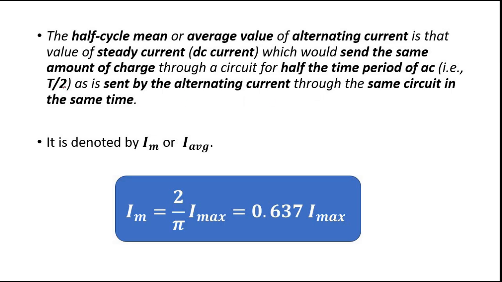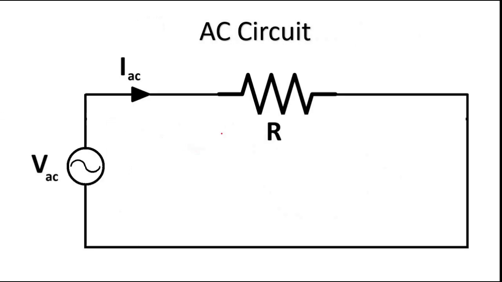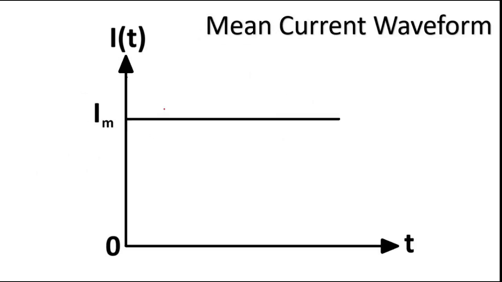Suppose we pass this alternating current through this circuit for half the time period, it will send the same amount of charge as is sent by this DC current with value I mean. This is called the mean or average value of alternating current.